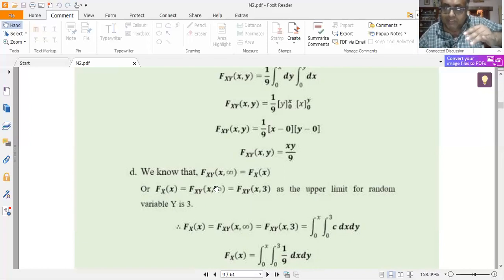But now this infinity, which is the upper limit, will get replaced by the upper limit as given in the problem definition, right? So here, Fxy of x comma infinity, this y equal to infinity would get replaced by the maximum or the upper limit of y which has been given in the problem.